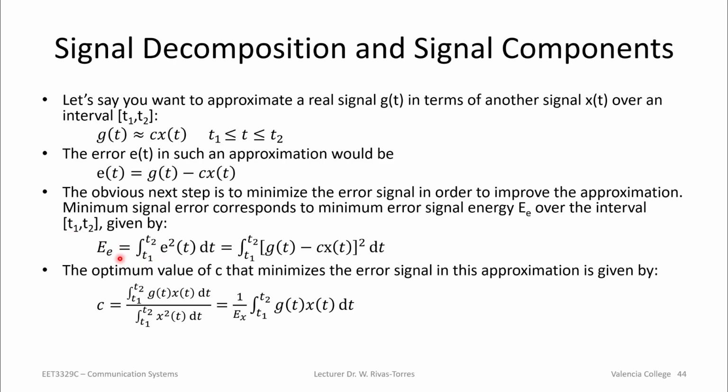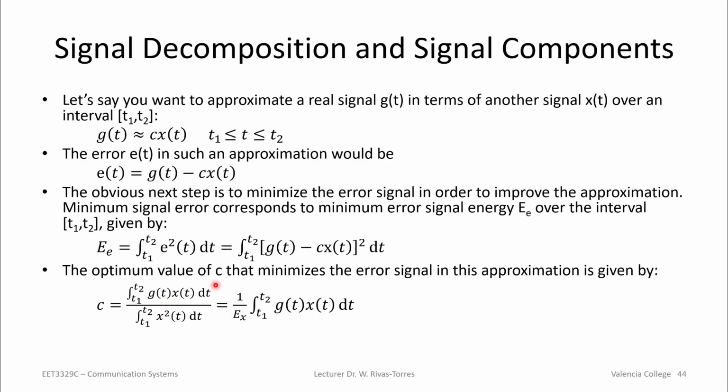So basic definition of the energy of the signal, we do the integral of the square, right? That's what this expression here is. And it can be shown that you can minimize the energy of the signal error in this approximation if you use a c value equal to this expression here, this ratio of these two integrals.